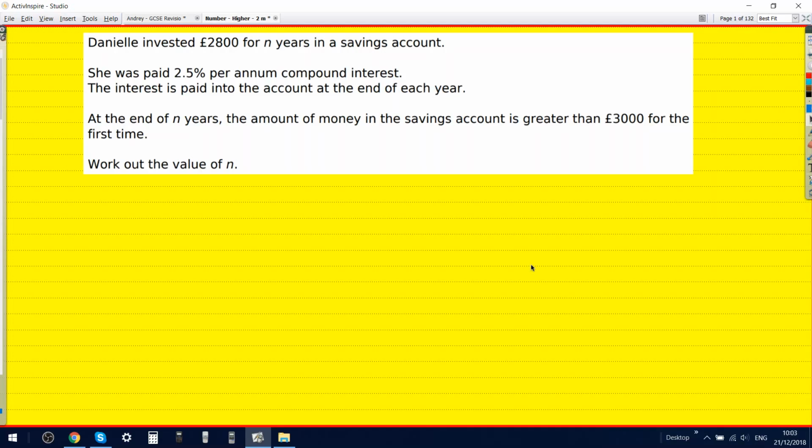So I need to like 0.025 times 2,800, and then to the power of something. Very close. Because you're adding on 2.5 each time. It's not 0 point, it's 1 point. Oh, right, okay. 1.025, and it's times that to the power of something gives you greater than 3,000. So you just check different numbers until you find one.